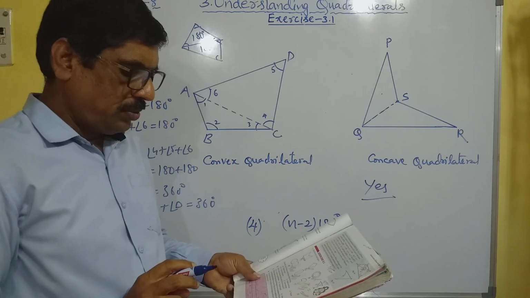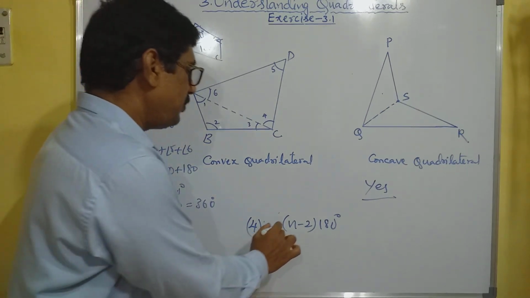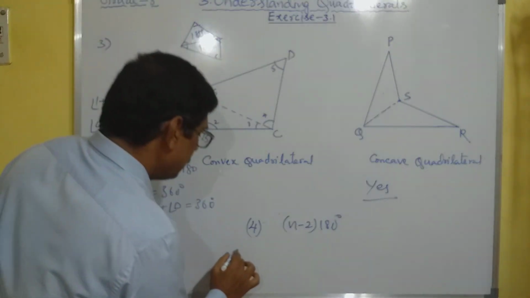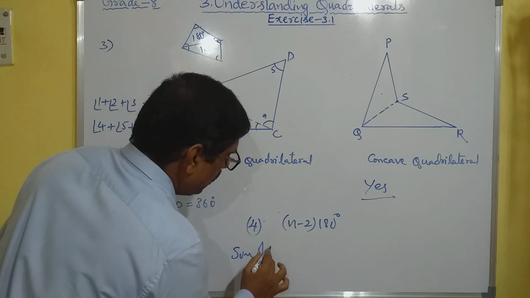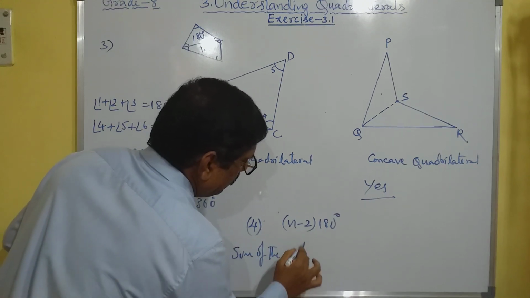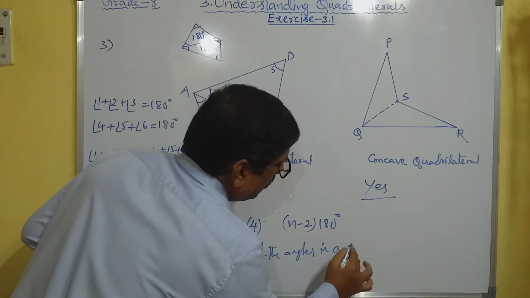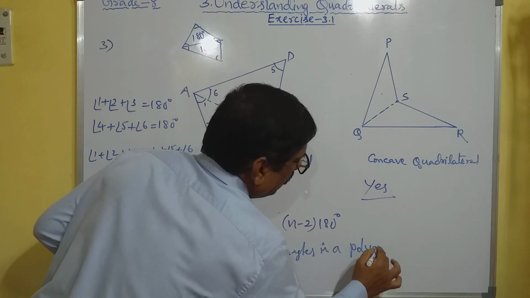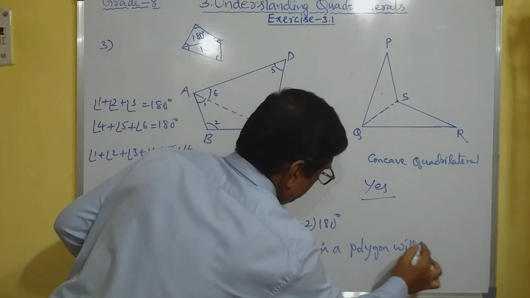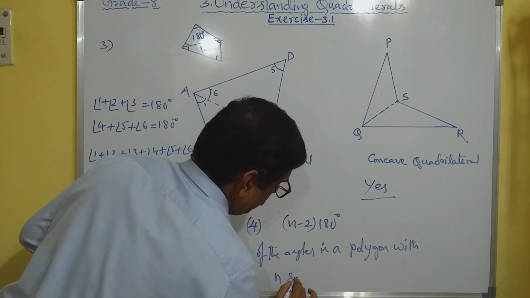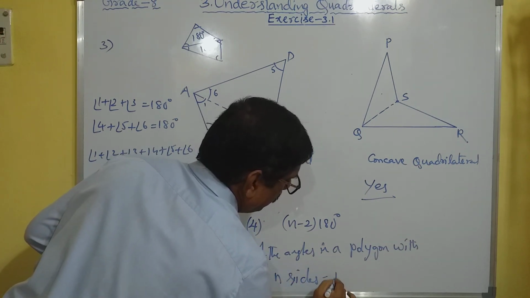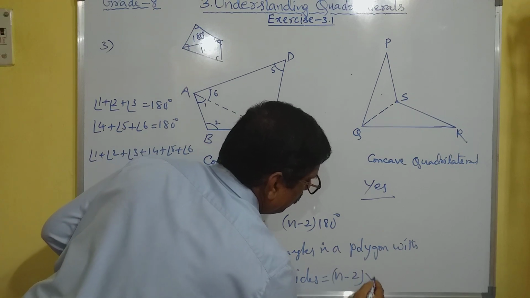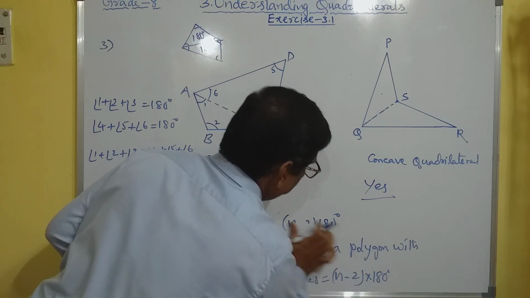N minus 2 into 180 degrees. This is the formula to find the sum of the angles in a polygon with n sides, which is equal to n minus 2 into 180 degrees.